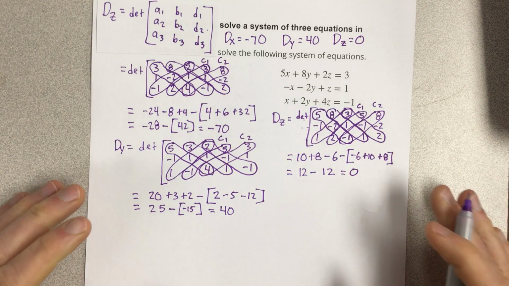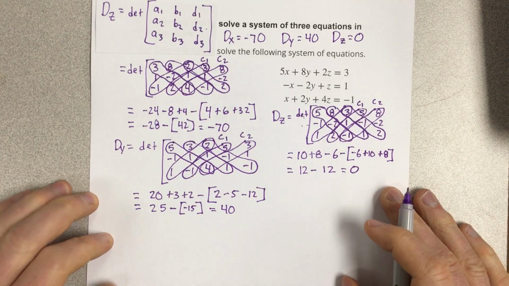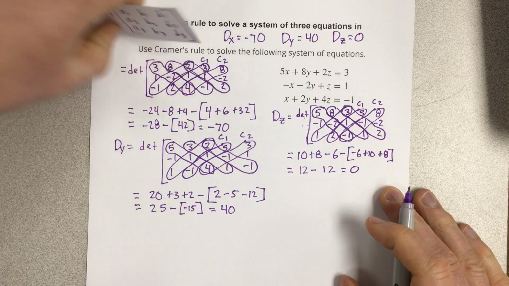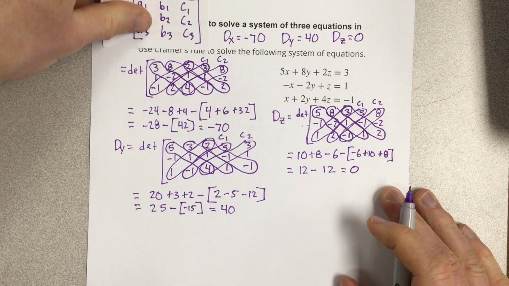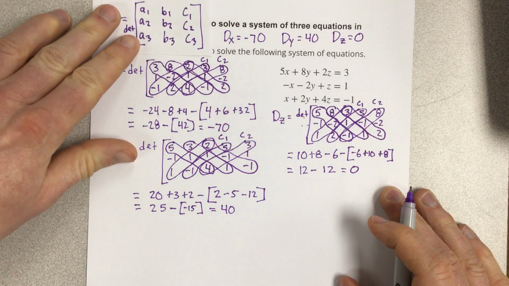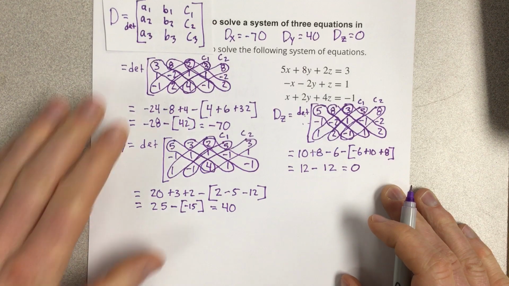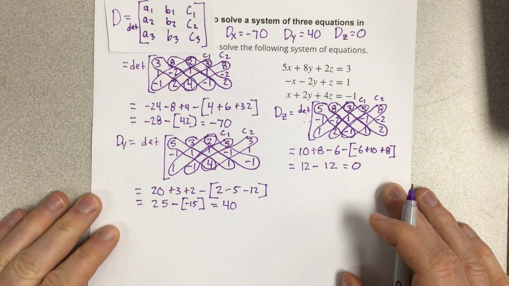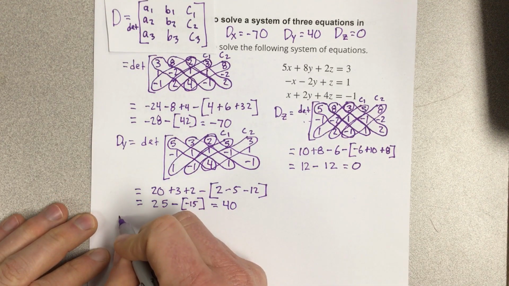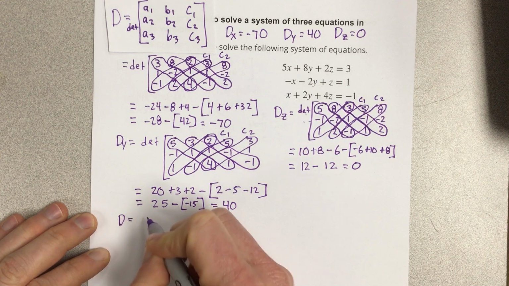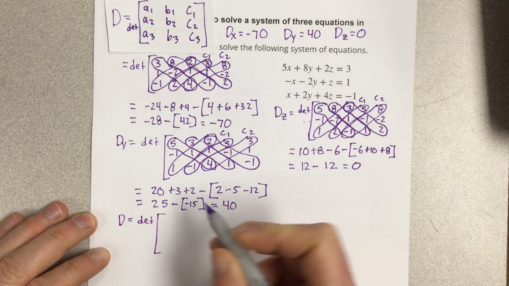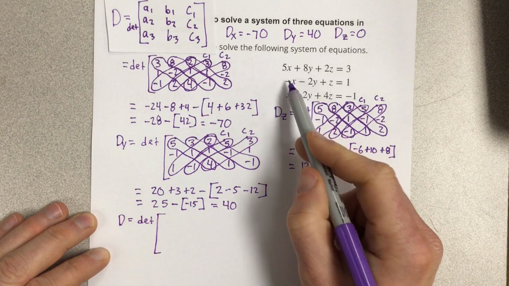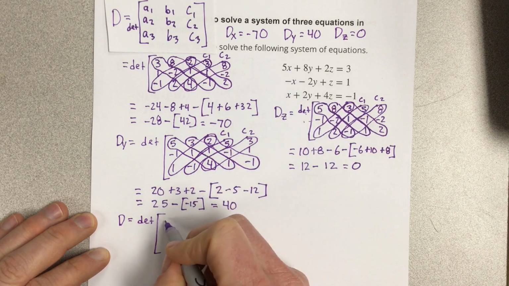Now we're going to find d. That's the last piece that we need to get before we can find our solutions. So d is going to equal the determinant of a1, a2, a3, so 5, negative 1, 1.